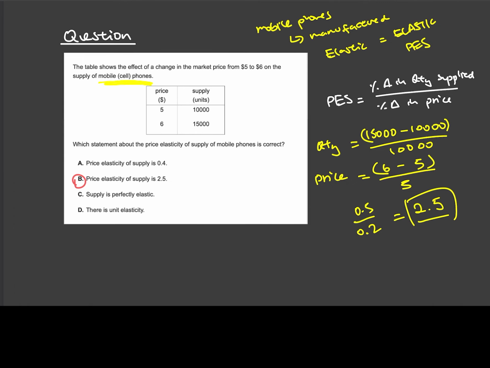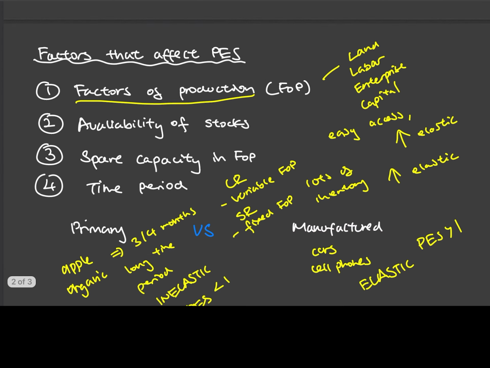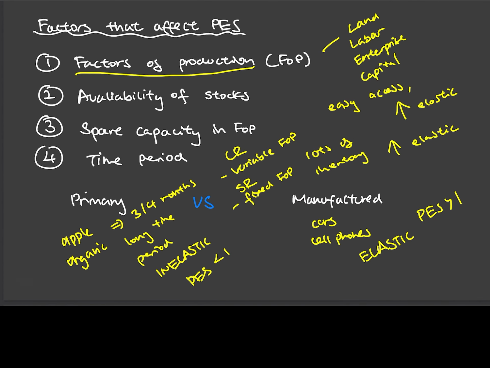So let's recap what we've learned today. Firstly, we defined PES. We learned the formula and the percentage change formula. We then learned about different values of PES. Then we went into some factors that affect PES in the short run, which are factors of production, so ease of access, the availability of stocks, spare capacity in your factors of production, and also time period.